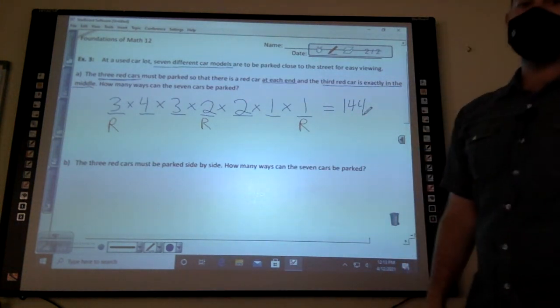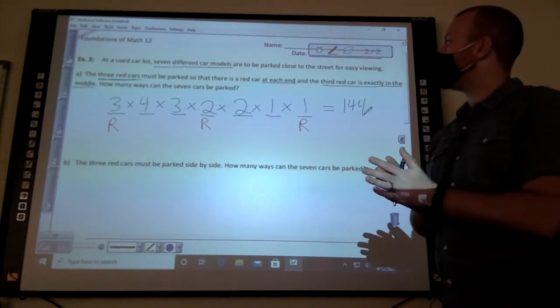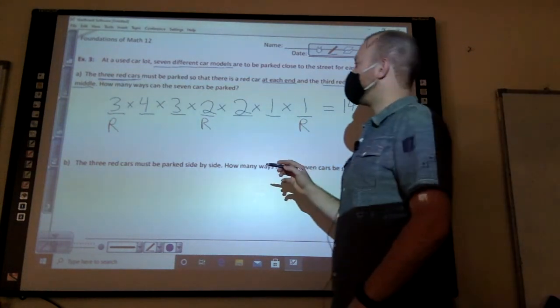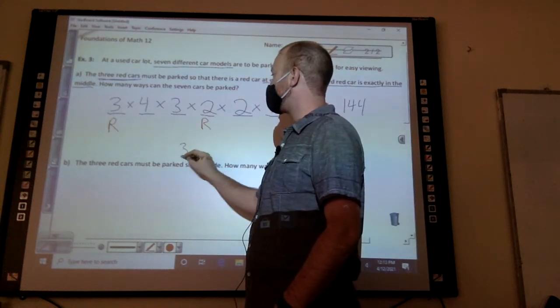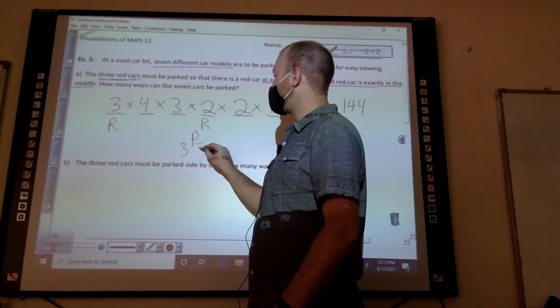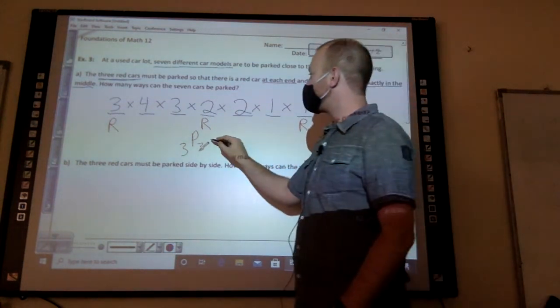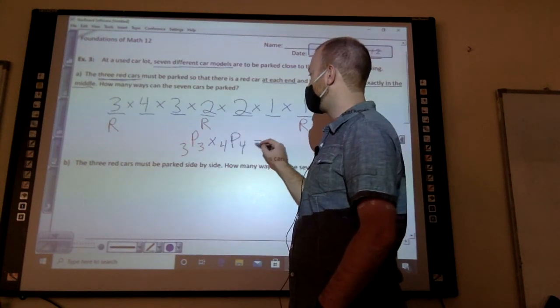If you wanted to, you could use the P equation for this as well. The total number here is going to be looking at the red cars. So I have 3 red cars, I want to pick 3 of the red cars, times I've got 4 cars left and I want to pick all 4.